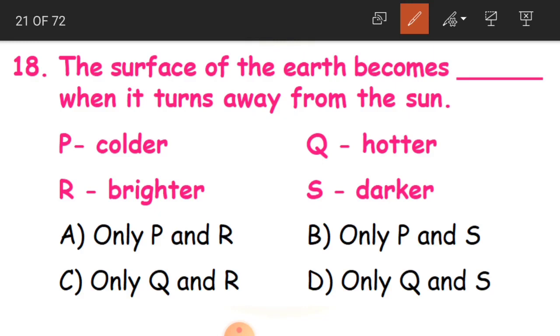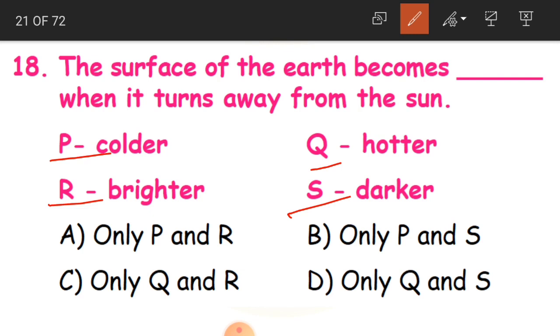If it is colder, you have to say P. If it is hotter, you have to say Q. If it is brighter, you have to say R. If it is darker, you have to say S. So what will be our answers? A is only P and R, that is colder and brighter.